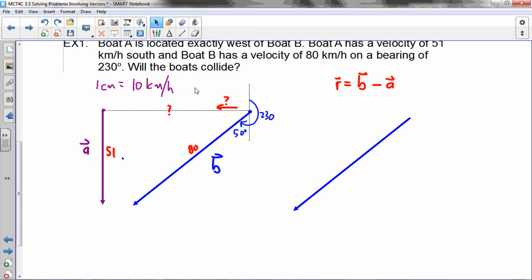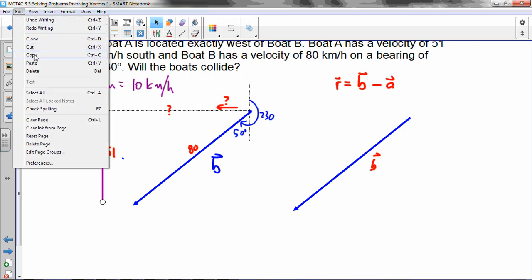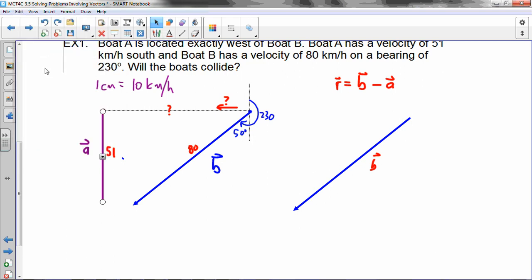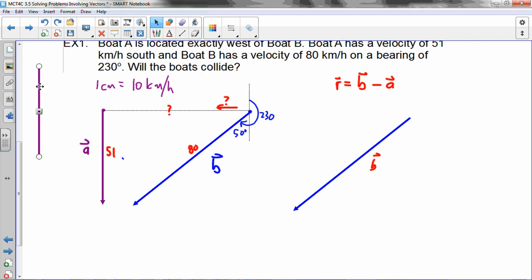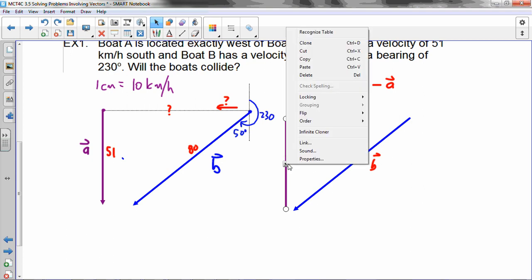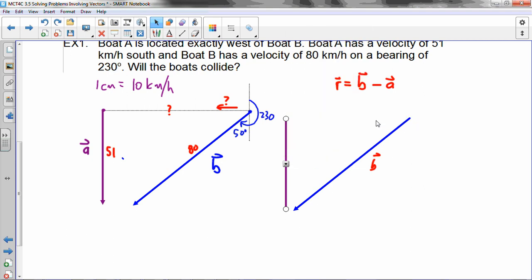So this is B. And then minus A, so I'm going to make a copy of A. And of course, you could just draw it too, right? But there's A. And now, where's minus A?